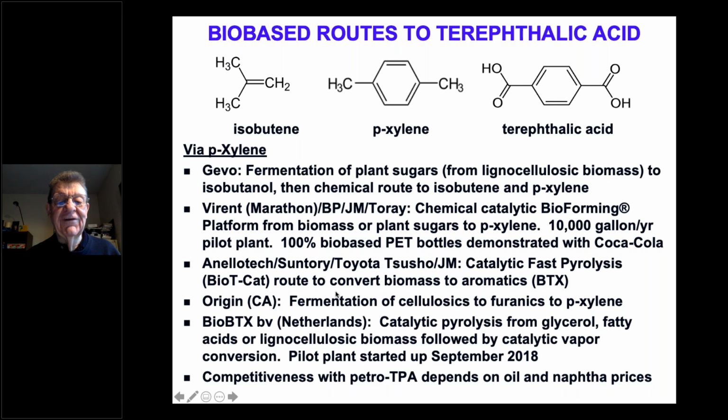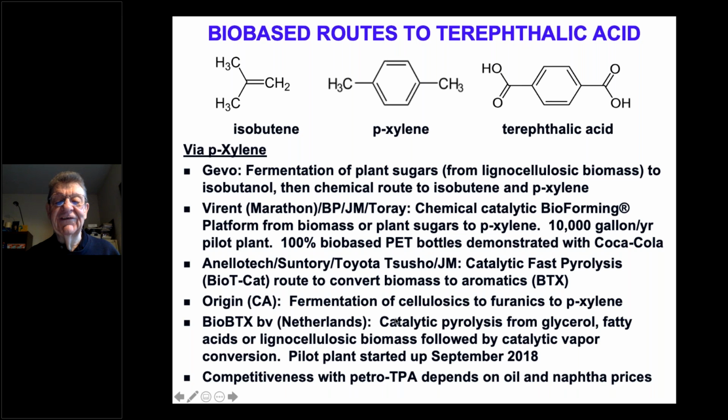Origin in California, a little different, where they're fermenting cellulosics to go to furanics, and then from there to paraxylene. And BioBTX, a startup in the Netherlands, catalytic process from glycerol again, to make terephthalic acid eventually.